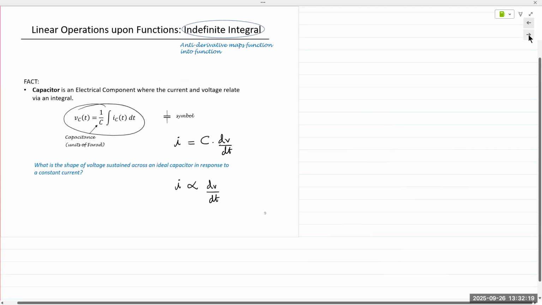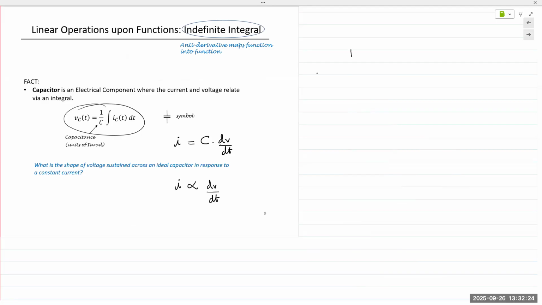Okay. Capacitor. A capacitor is nothing but two parallel plates separated by an insulating material. And hence the symbol for a capacitor is two parallel lines separated by a small distance. That's a capacitor. The symbol is shown right here.